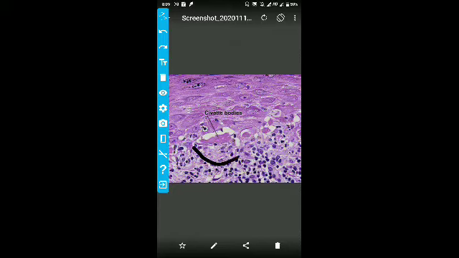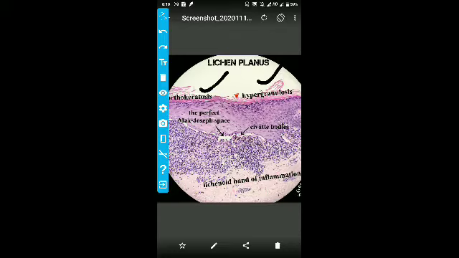Look at this, civatte bodies, or colloid or hyaline bodies. How are they formed? They are formed because of the degeneration of the basal keratinocytes, and how? By T cell mediated damage of the basal keratinocytes. Hypergranulosis, civatte bodies, lichenoid band of inflammation.